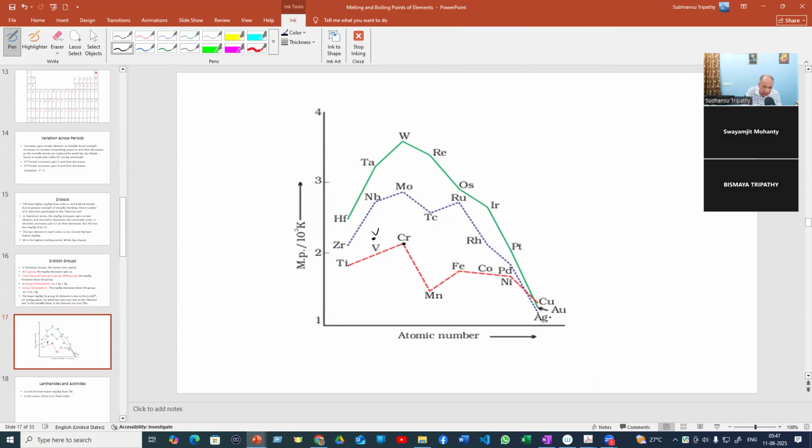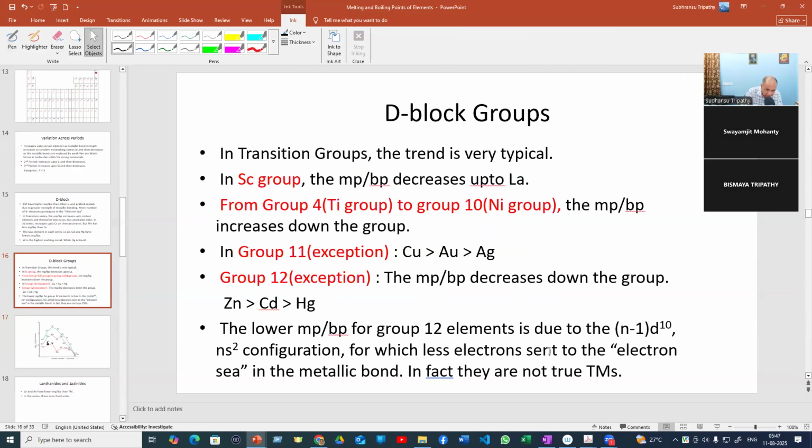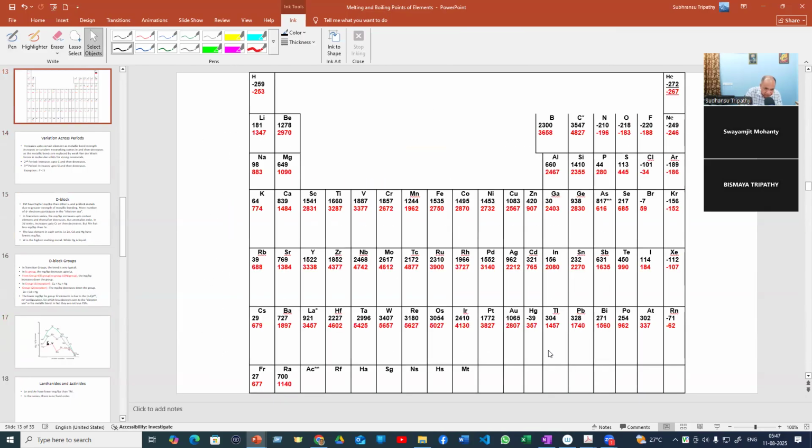Zinc is not shown because their trend is completely different. So the scandium group is not shown, the zinc group is not shown, and here we found an anomaly. Vanadium is slightly greater than chromium. Any question, Mr. Tripathi? To what extent are we analyzing? Our analytical level is that we are finding fault with the graph present in the NCERT book. Yes, Mr. Tripathi? Anything? No, sir.